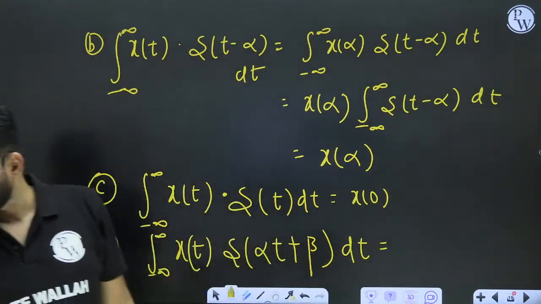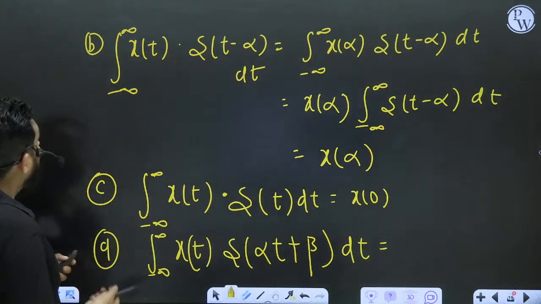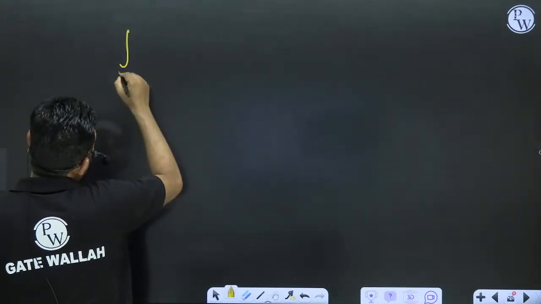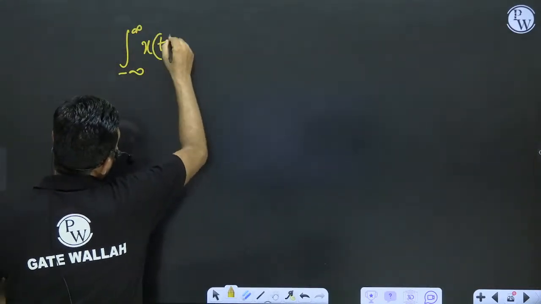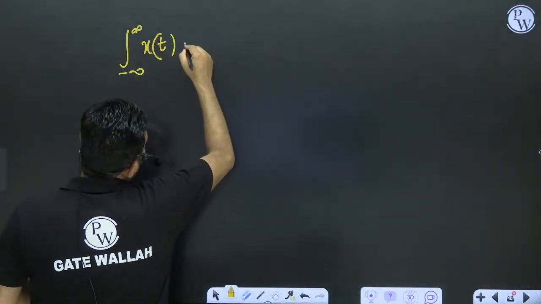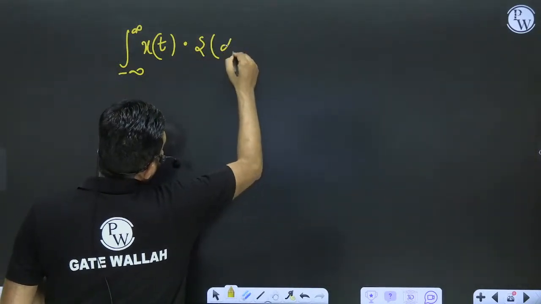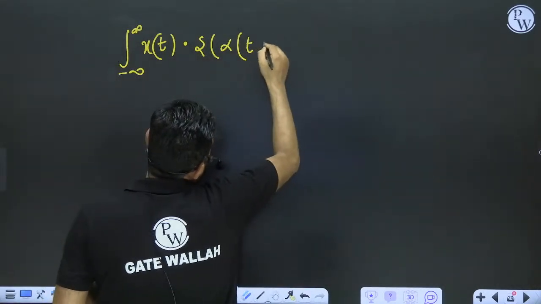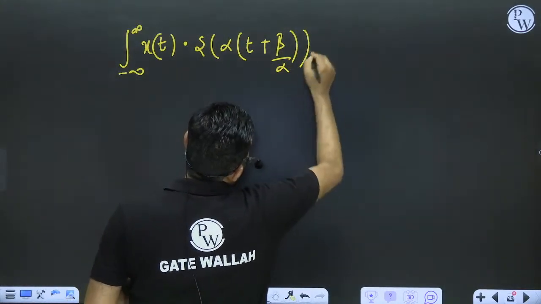Yes, see here. What is the result? The same thing can be written as the integral from minus infinity to infinity of x of t into delta, taking alpha to be common, of t plus beta by alpha dt.